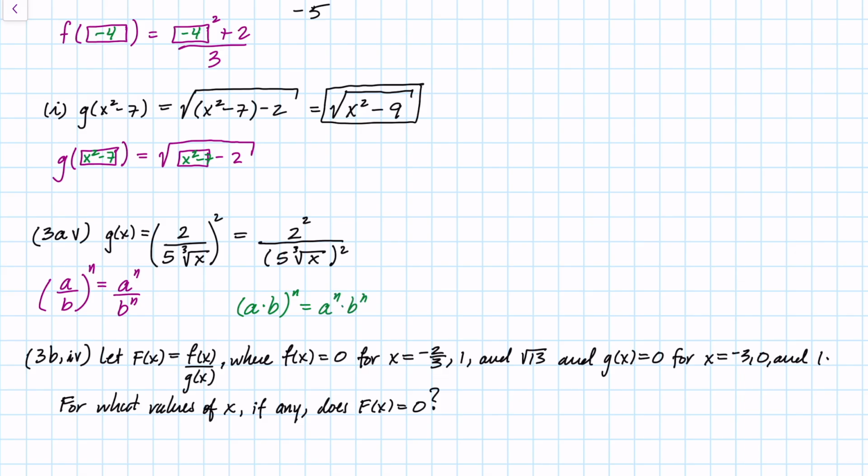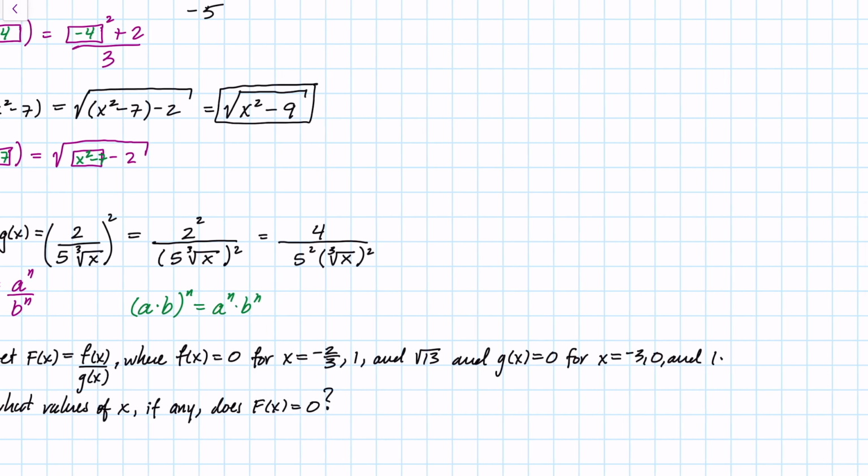So all that means is that I'm going to apply this 2 and put it over here and over here as an exponent. So 2 squared becomes 4. This is just the numerator. And the denominator is going to be 5 squared times the cubic root of x squared.